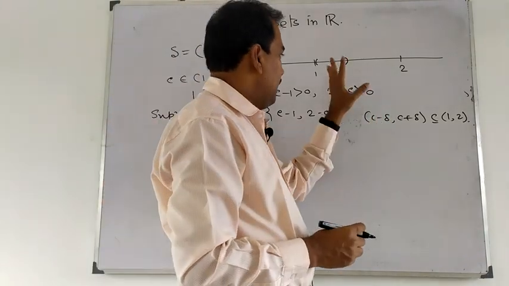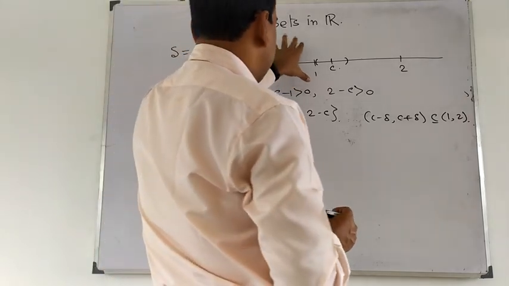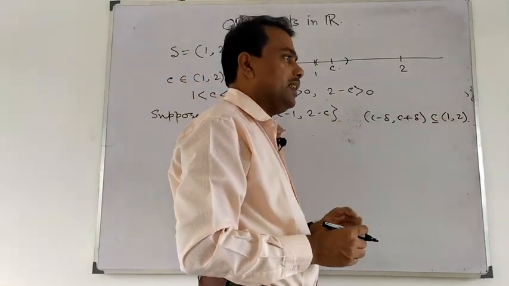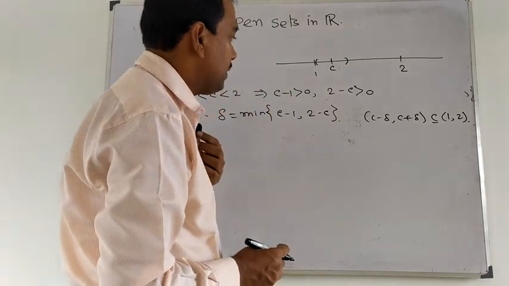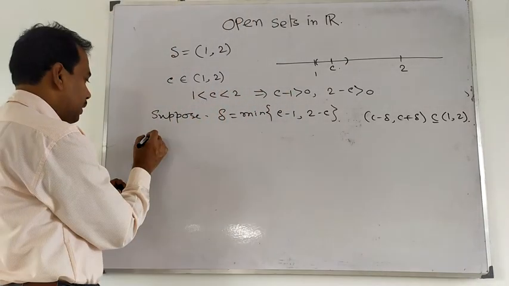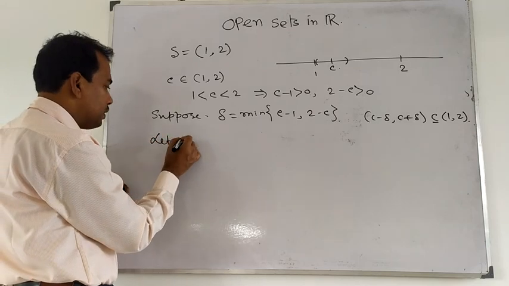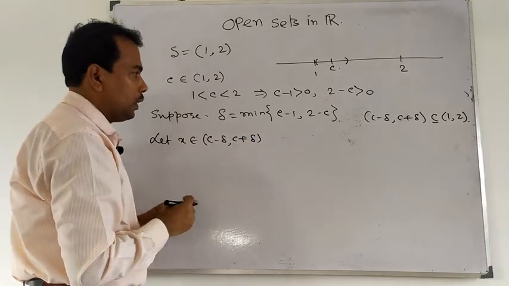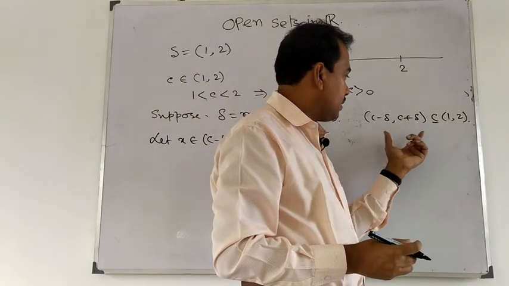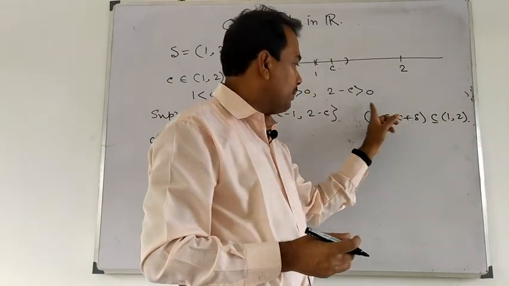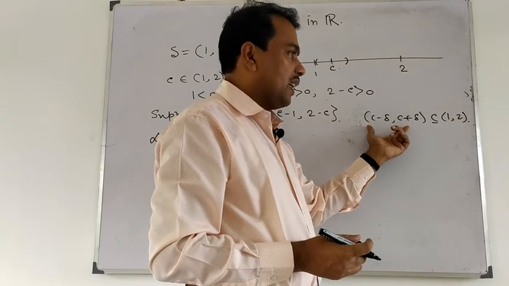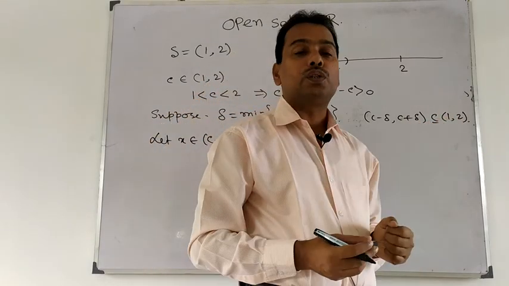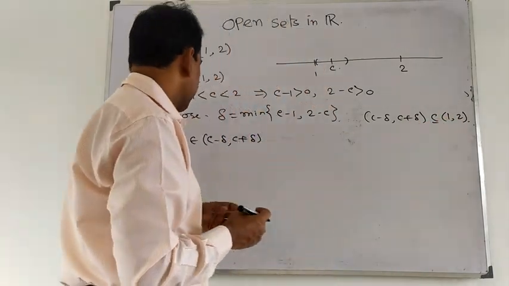In this figure, we can see easily that this open interval is a subset of this, but we prove it mathematically. To prove this is a subset of this, we take any point x belonging to the open interval C minus delta to C plus delta. We have to show that x belongs to the open interval (1, 2).